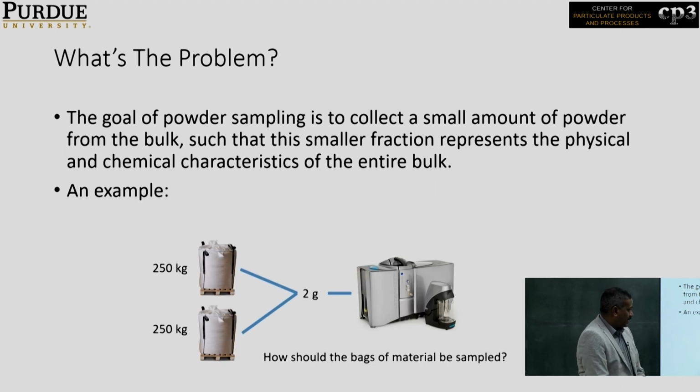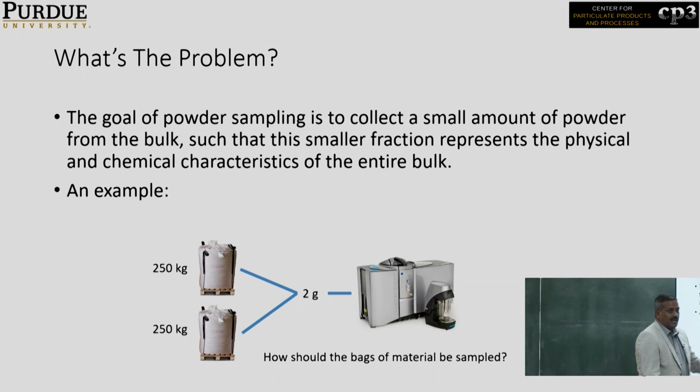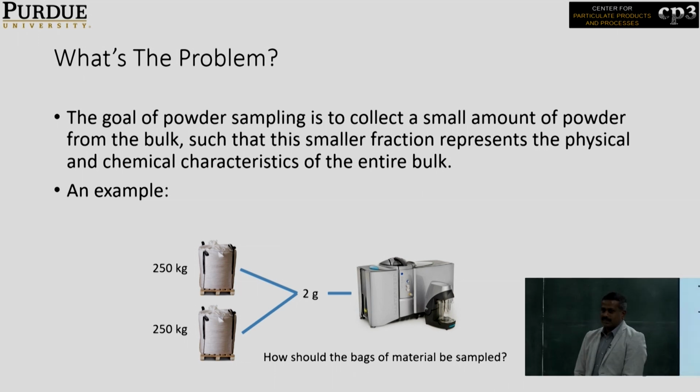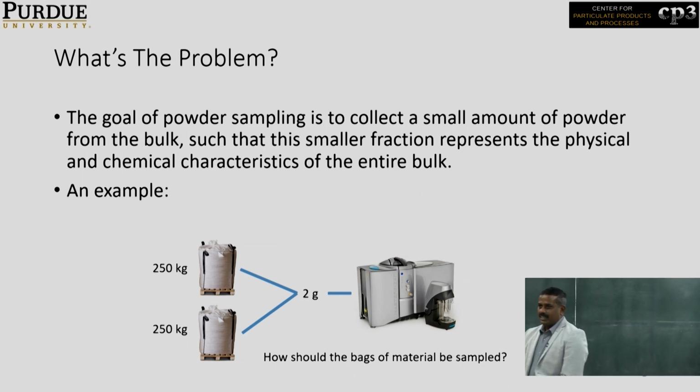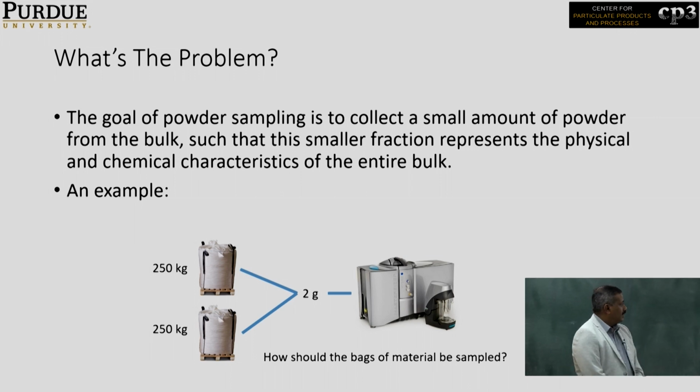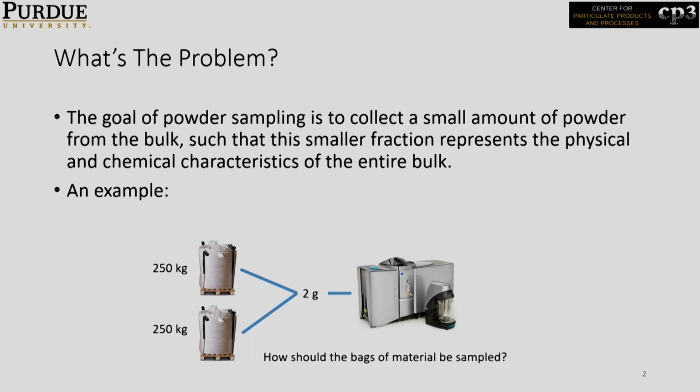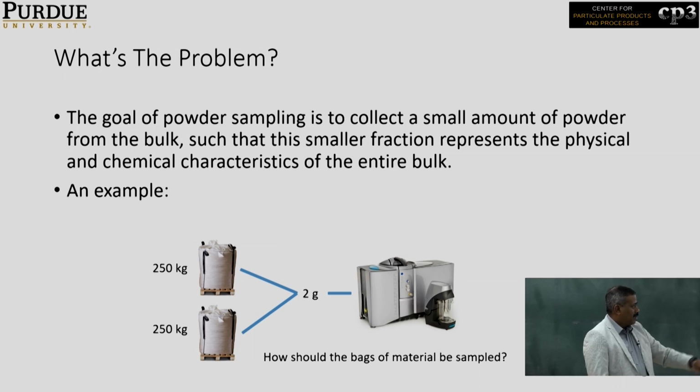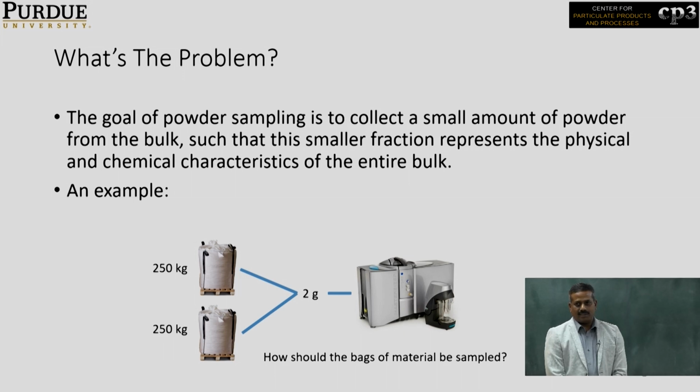You would have seen lots of large samples come in large bags, right? I'm giving an example here, like 250 kilogram tote bags, powders coming in 250 kilogram tote bags, but you want 2 grams of powder to measure the particle size using laser diffraction. So how will you subsample 2 grams from this 500 kilogram?